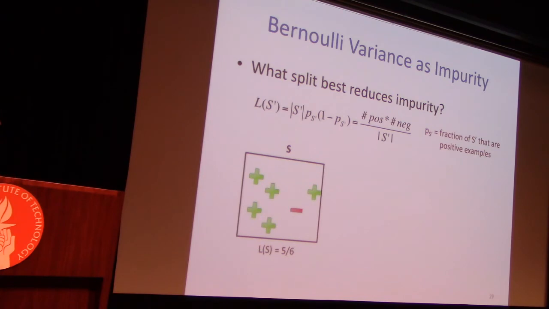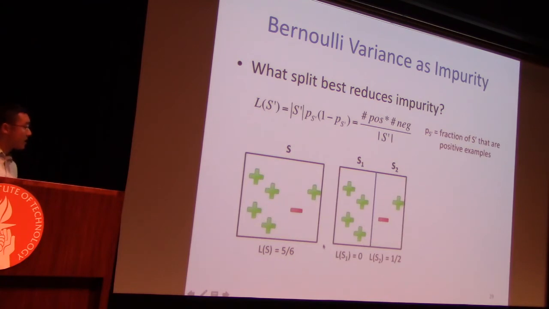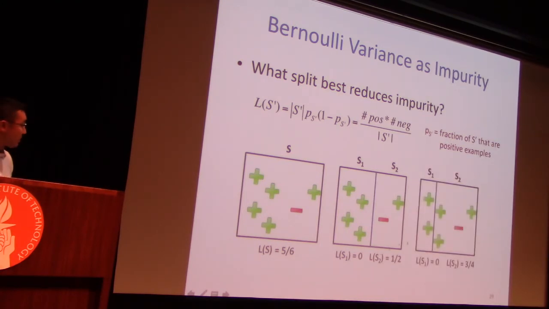So let's go back to this example. In this example, if we just consider the whole training set, the impurity is about 5/6. If we consider this split, the impurity of the left side is now 0, because it's all positive, and the impurity over here is 1/2. And then, if we consider this split, the impurity on the left child is 0, but the impurity on the right child is 3/4, which is higher than this one.